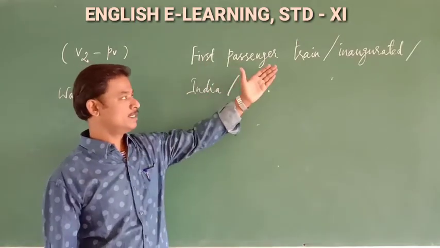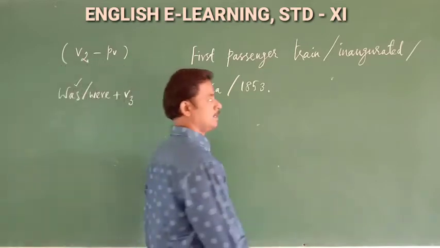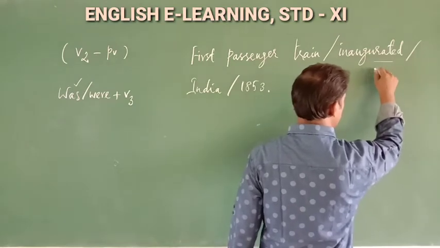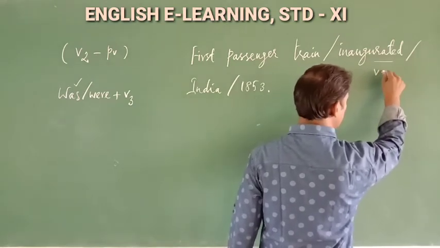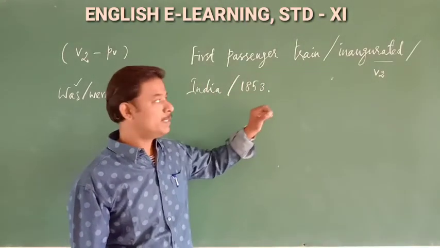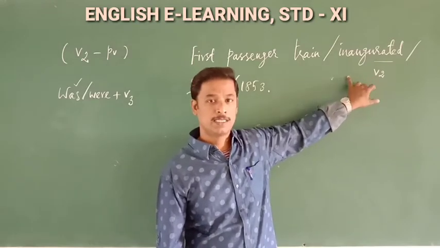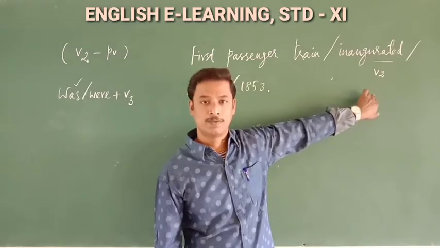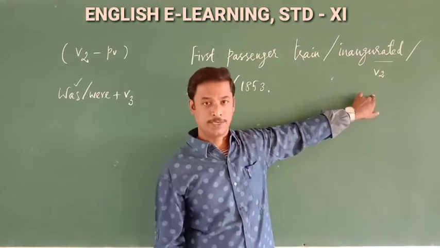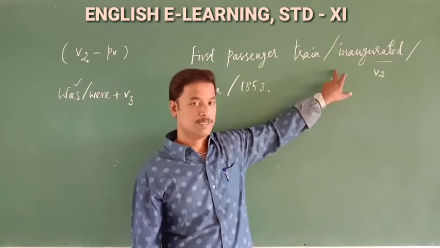First passenger train inaugurated India 1853. Look at this verb here, inaugurated. It appears like verb 2. If you analyze deeply this finite verb, it appears as past simple, but it is actually in verb 3 because the helping verb is missing here.